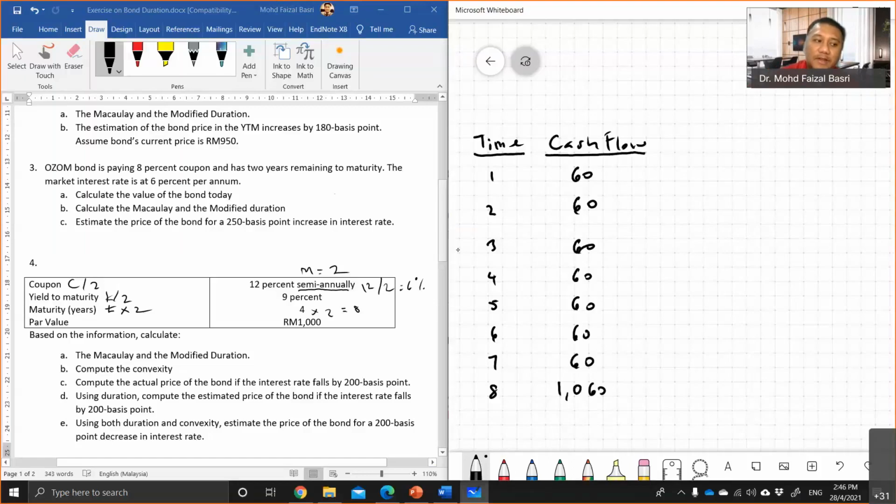Now the third part is to find the present value of cash flows. Remember the formula I just wrote in the note just now.